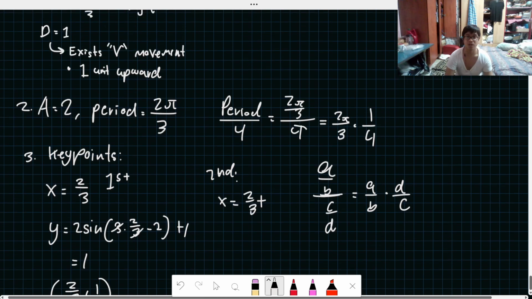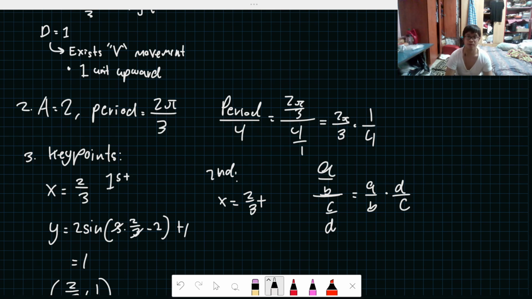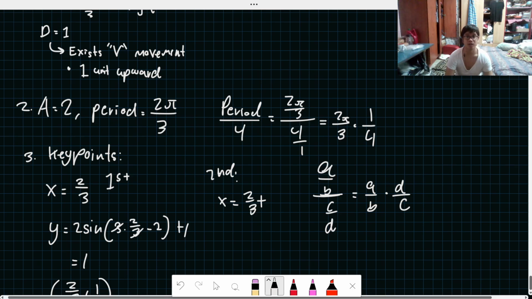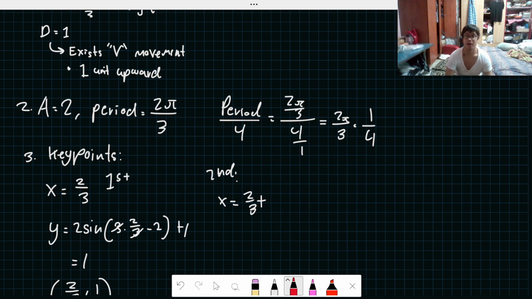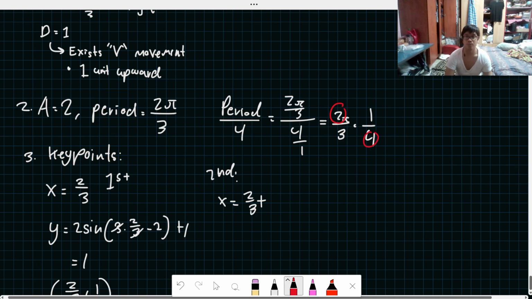In this case, you have 4 here, which is the same as 4 all over 1. So therefore, you have 2 pi all over 3 times 1/4. Then you simplify. Here we have 2 and 4, both of them divisible by 2. So 2 divided by 2 here is 1.